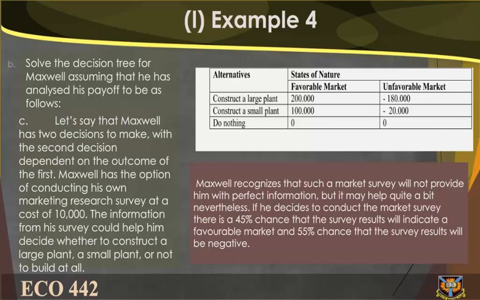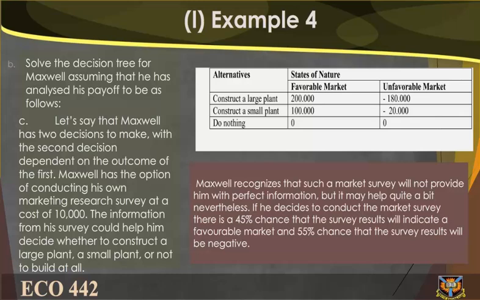C. Let's say that Maxwell has 2 decisions to make, with the second decision dependent on the outcome of the first. Maxwell has the option of conducting his own marketing research survey at a cost of 10,000. The information from a survey could help him decide whether to construct a large plant, a small plant, or not to build at all.